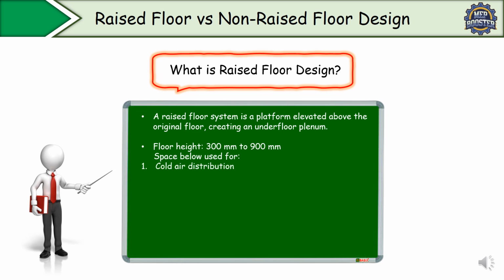Now the space below, what purpose is it used for? It is used for cold air distribution. As you know, the empty space acts like an air duct. Okay, instead of using duct, cold air flows freely under the floor, and this reduces duct cost and improves airflow flexibility, which is very common in data centers. Okay, second, the space below is used for cable routing. First for cold air distribution, second for cable routing.